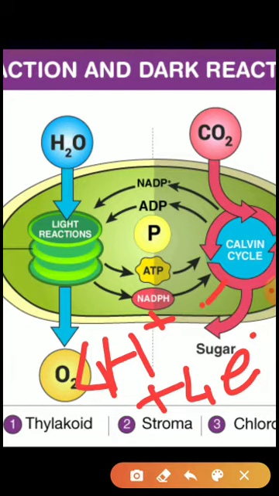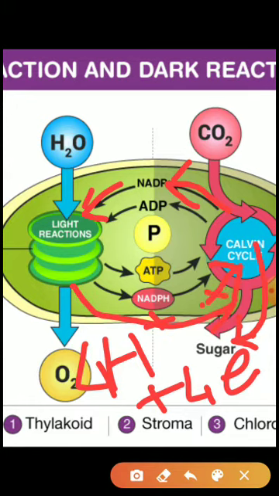This NADPH goes to the stroma, where carbon dioxide is present, and the reaction takes place for the formation of food, and further NADP will be free with electron, and again this NADP comes into the grana with ADP, and further this cycle will be repeated.